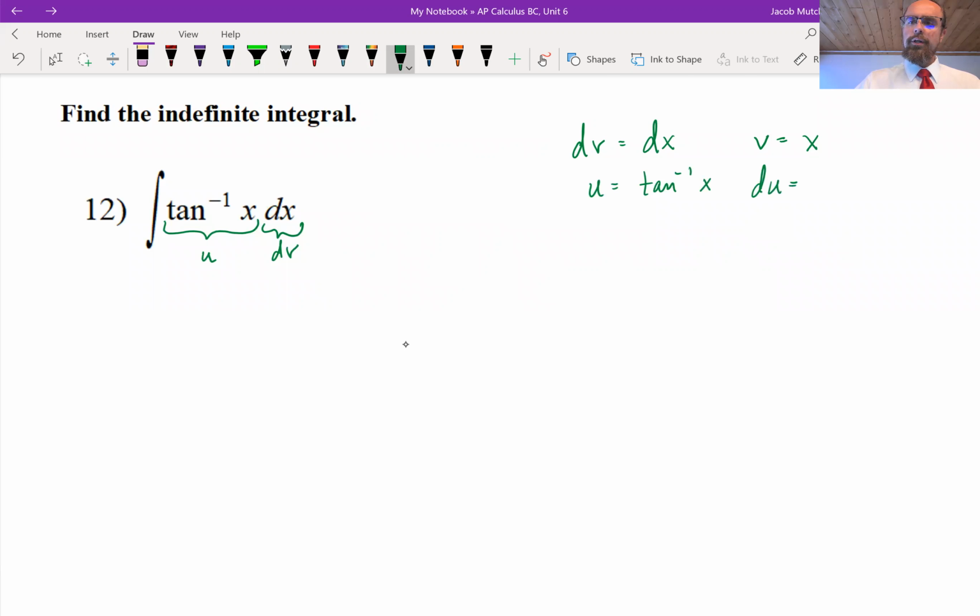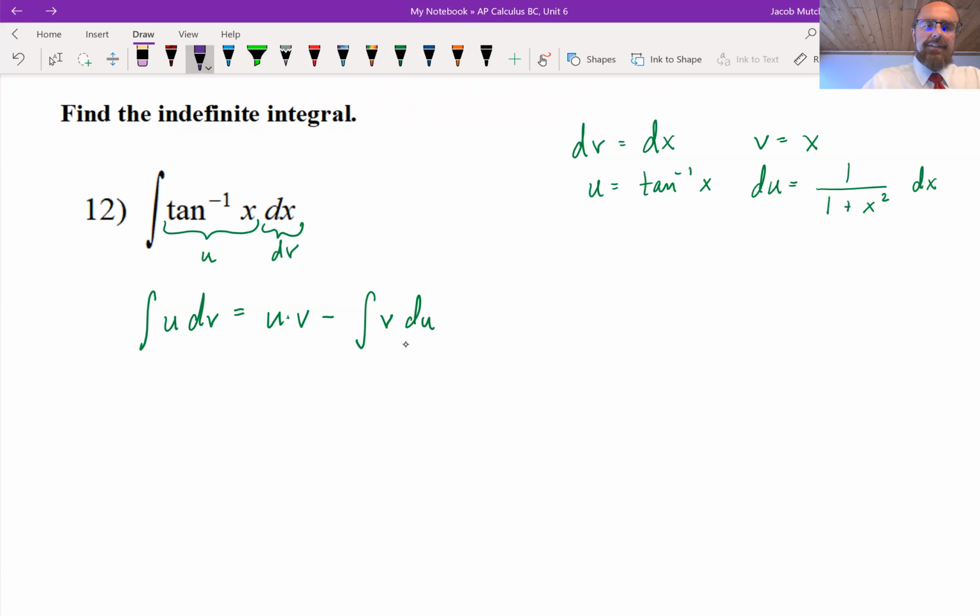That's going to be 1 over 1 plus x squared dx. So we'll set that up according to our definition for integration by parts. If I'm integrating u dv, that equals u times v minus the integration of v du.